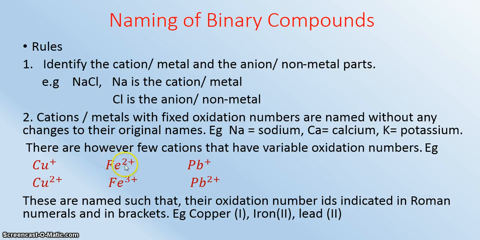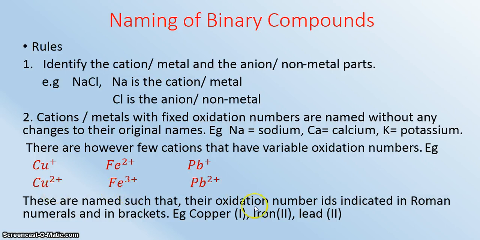If we are talking about iron, sometimes iron will have a charge of +2, sometimes a charge of +3. Lead, a charge of +1, lead, a charge of +2. So these are the few examples for those with variable oxidation numbers. So whenever you meet them, you have to be very careful.